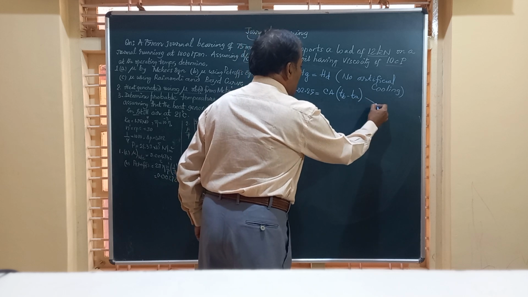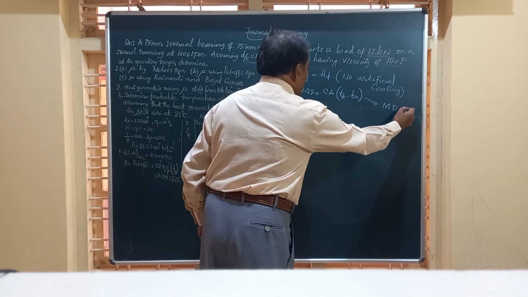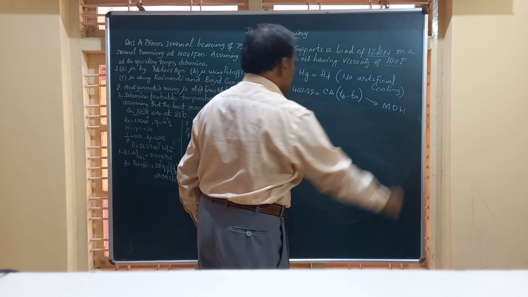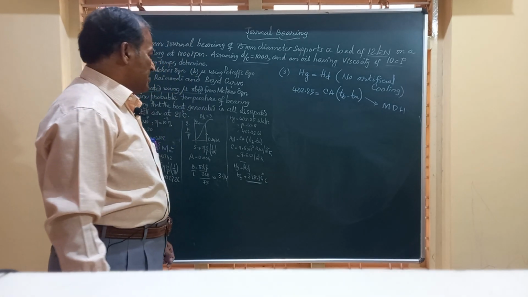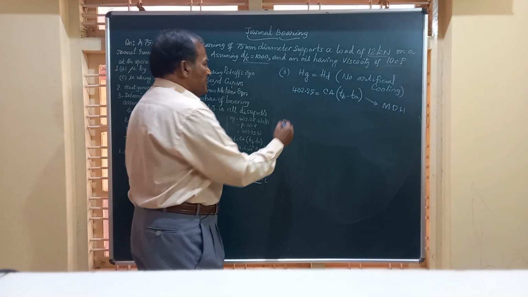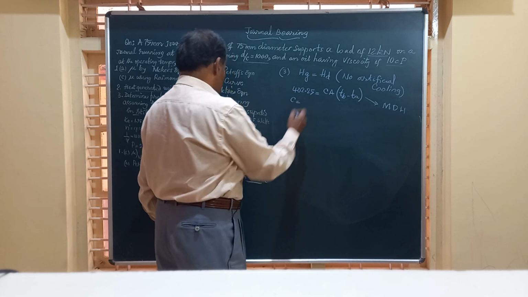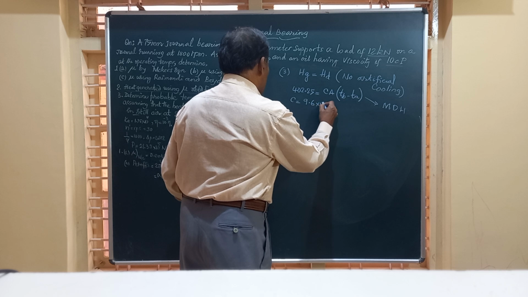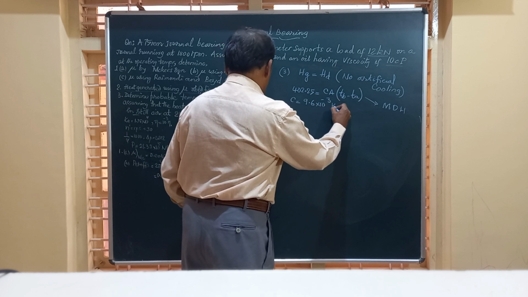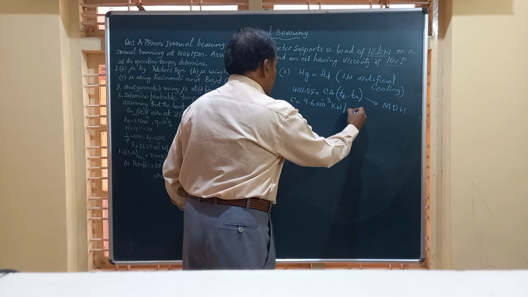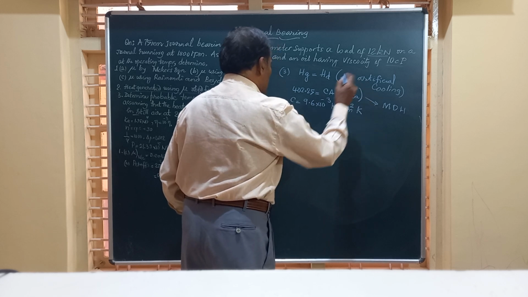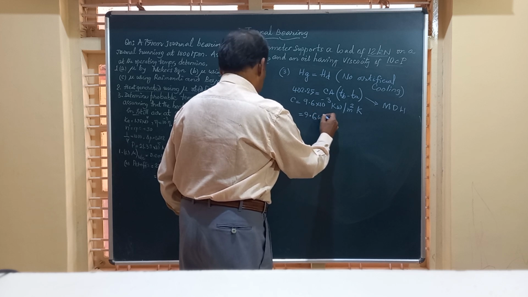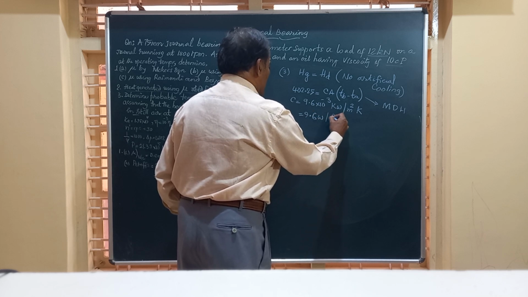This is available in the machine design data handbook. The amount of heat generated or dissipated in the bearing is given by C A into (Tb minus Ta). Here this constant C is given in the handbook as 9.6 into 10 to the power of minus 3 kilowatts per meter square Kelvin, which can be converted into 9.6 watts per meter square Kelvin.